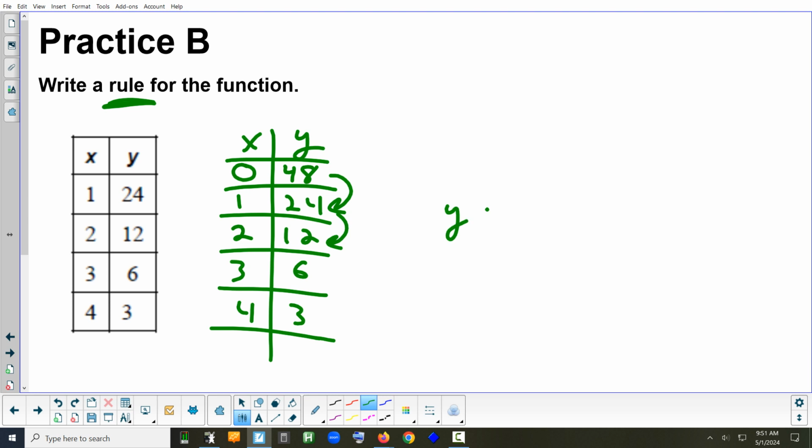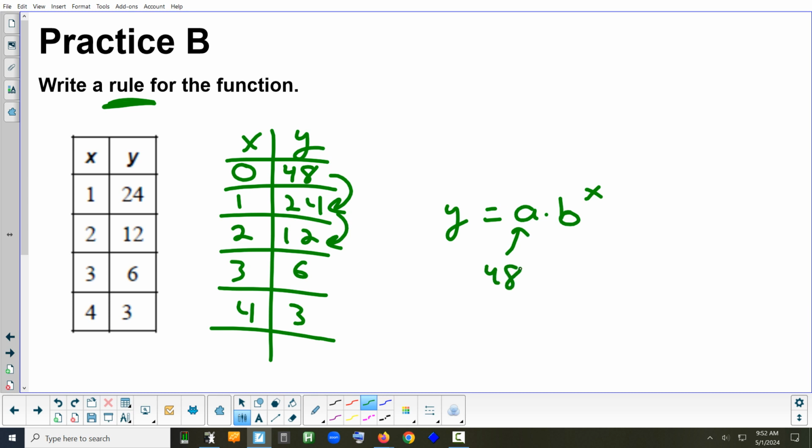Y equals a times b to the power of x. That's the equation that you need to fill in. How do you get your a value? This is the 0, and when x equals 0, go over to the y. So that's 48.